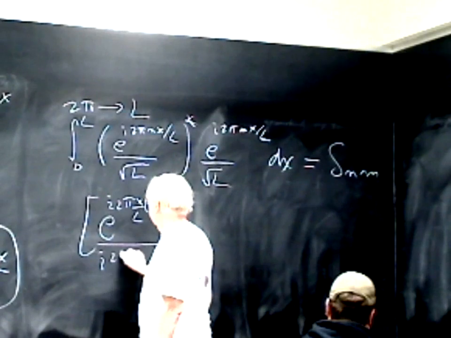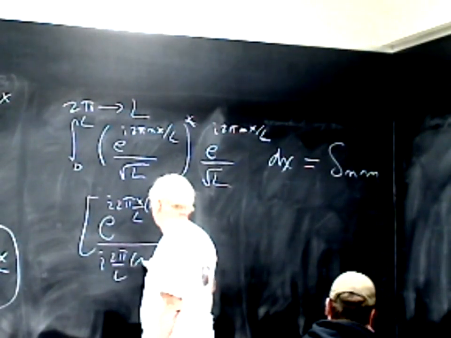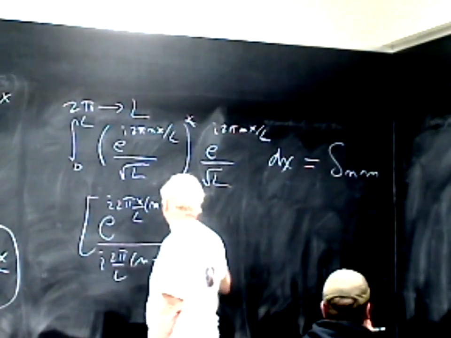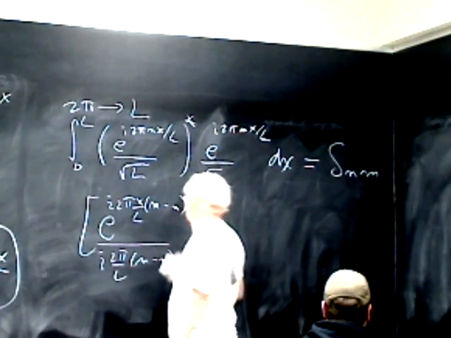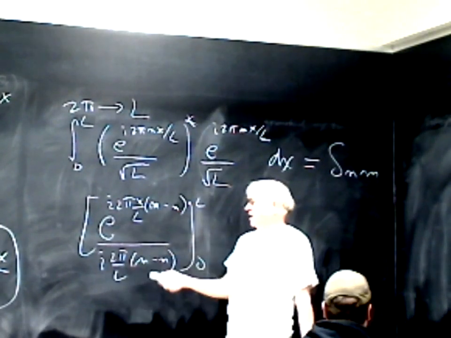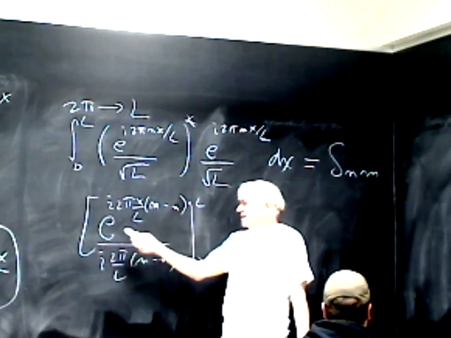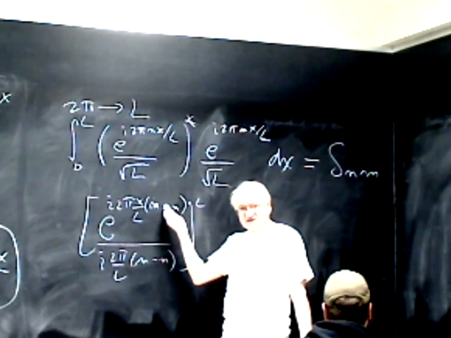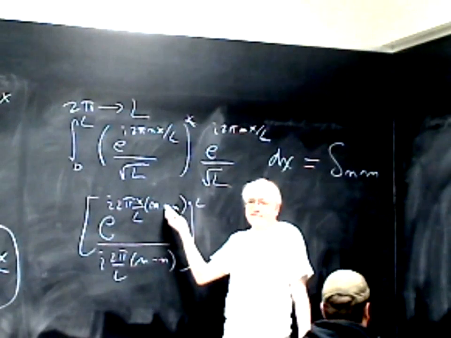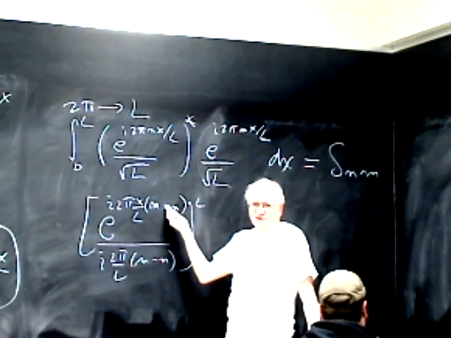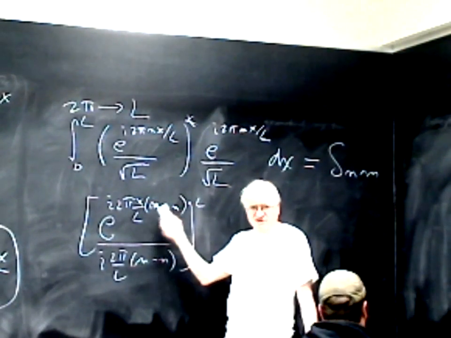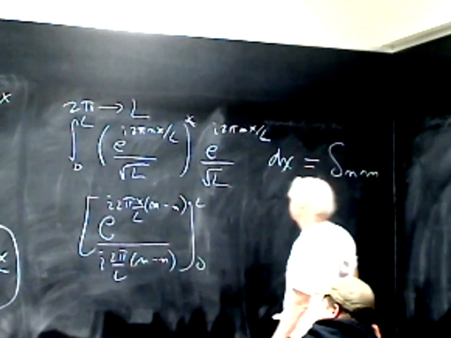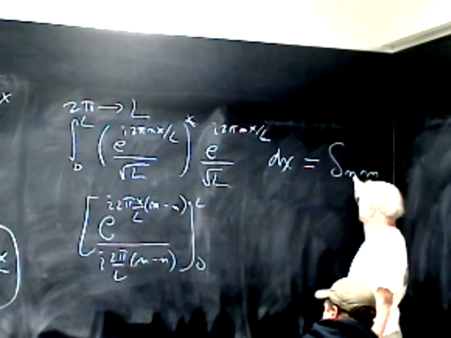It must be i 2 pi over L times m minus n, but this is evaluated between 0 and L. At 0, this thing is 1. At L, it's e to the i 2 pi times an integer that's not 0. That's also 1, so 1 minus 1 is 0. So for n not equal to m, you get 0.